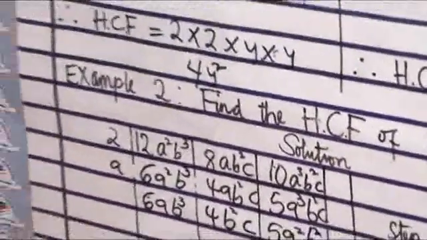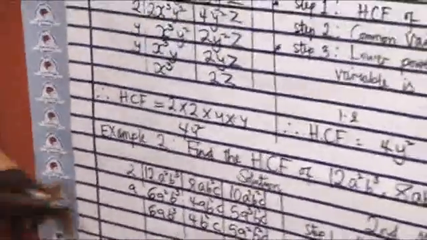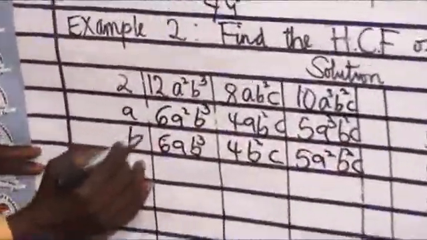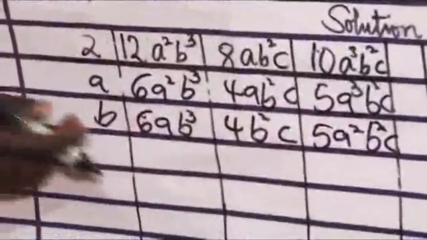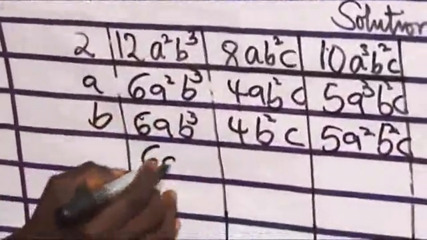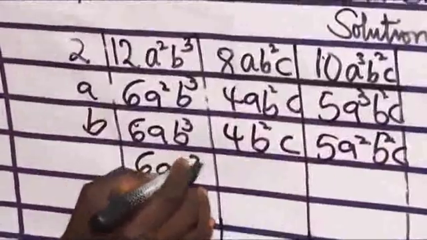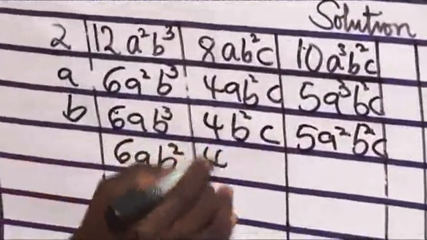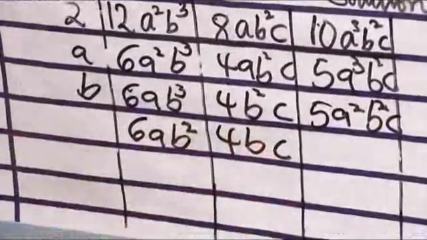Then check again. Is there a letter common there again? We have a, there's no a here. There's b here, there's also b here. So it means you can put your b. So b here will give you 6a, b squared. Then what next here? That should be 4, b, c.